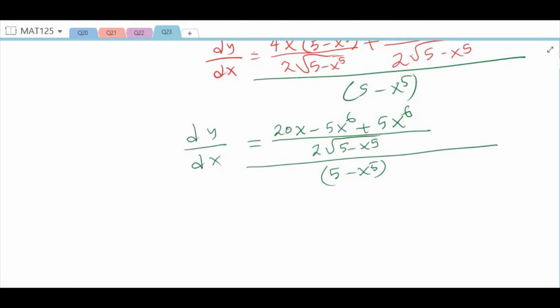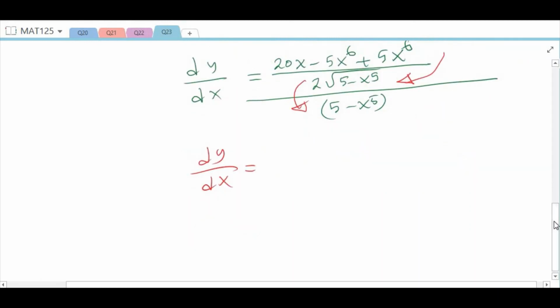I have a denominator in the numerator, and we know denominators belong together, so I'm going to bring it down to the denominator. Now I can rewrite dy over dx as 20x. There is nothing here that I can add it with, and I notice negative 5x to the sixth and 5x to the sixth cancel each other. So I will have 20x in the numerator. I'm going to bring this denominator down with the other denominator.